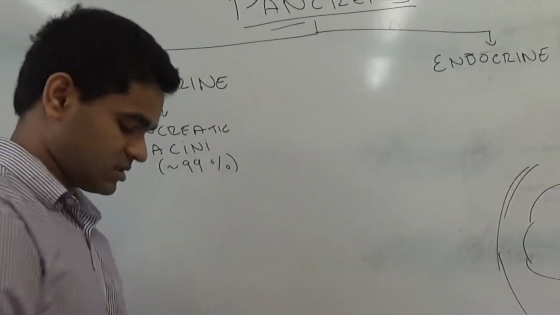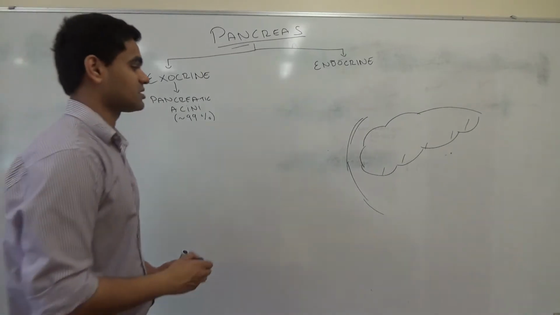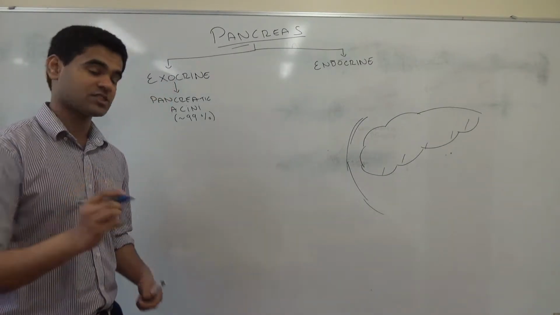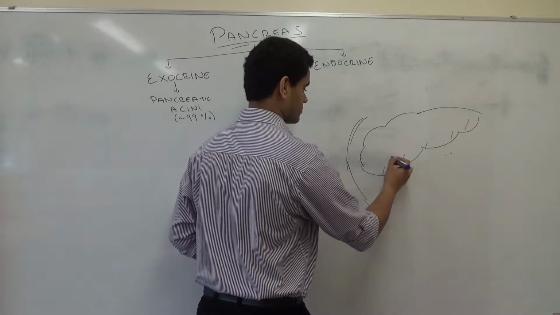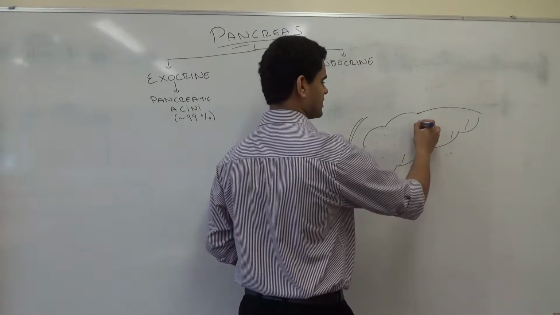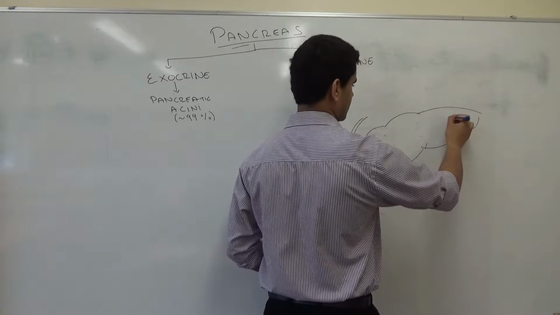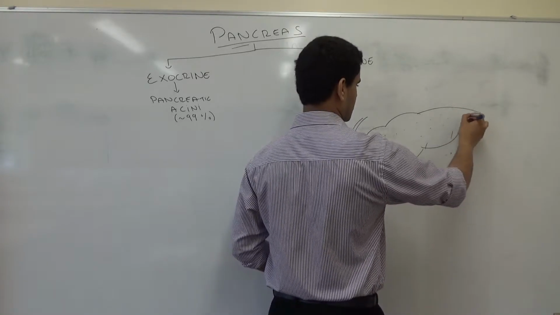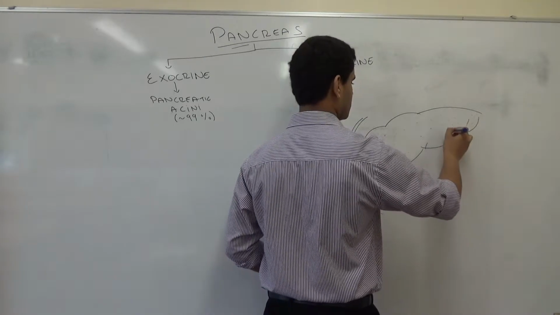The endocrine function of the pancreas actually comes from small islands of cells which are scattered throughout the pancreas. These islands of cells are scattered pretty much evenly throughout the pancreas, but some textbooks say that there are more islands towards the tail of the pancreas, but don't worry about that.